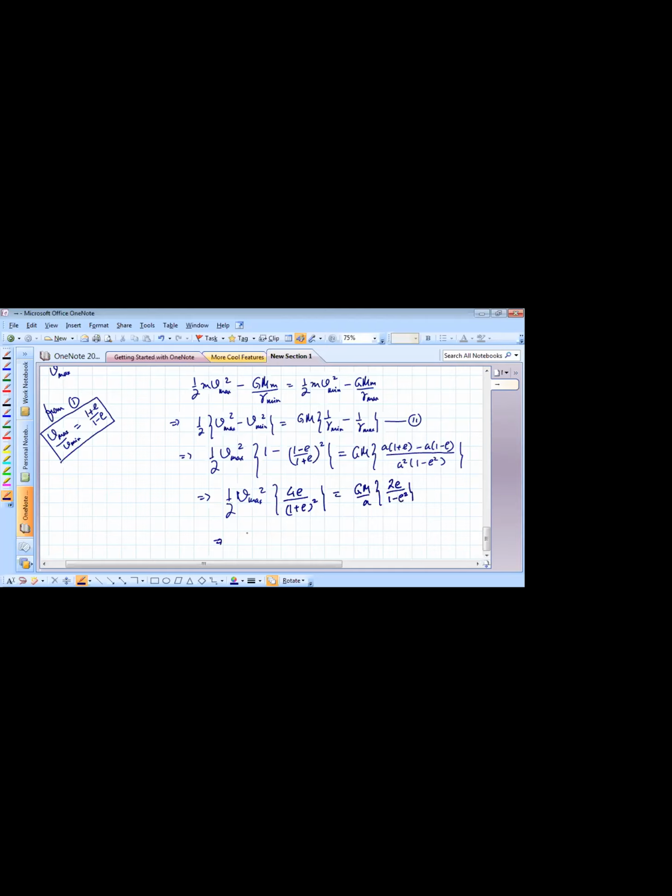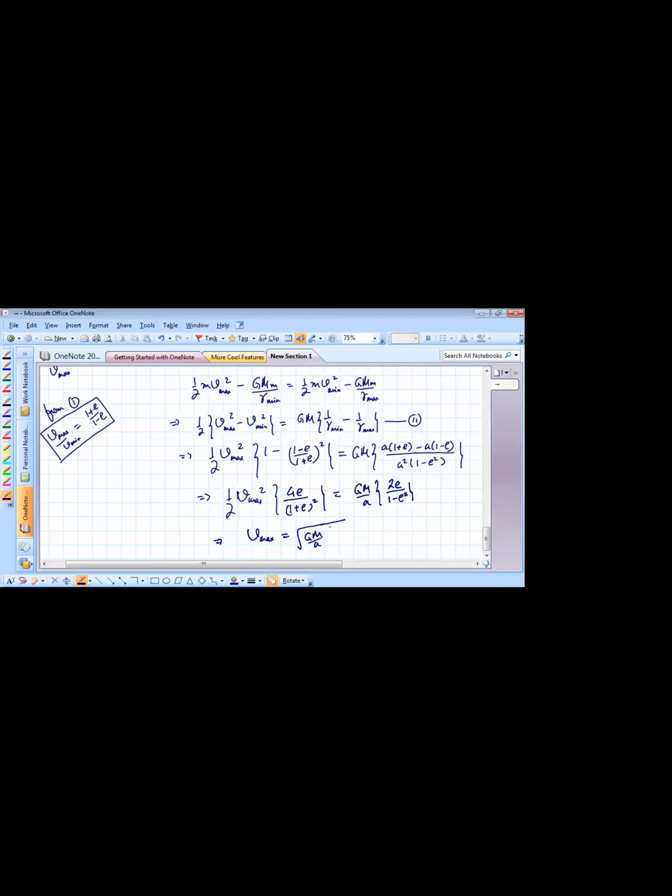So V max becomes the square root of, this 2 comes there, so 2 also cancels, so square root of GM upon a into this kind of a term. E is cancelled in the numerator with 1 plus e whole square.